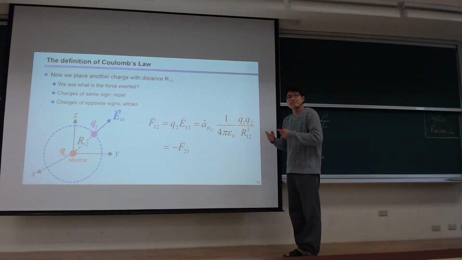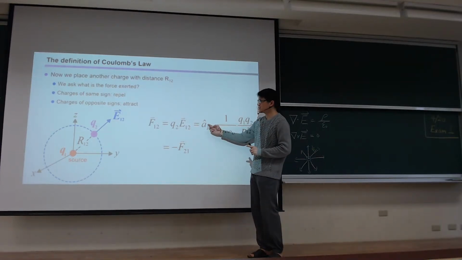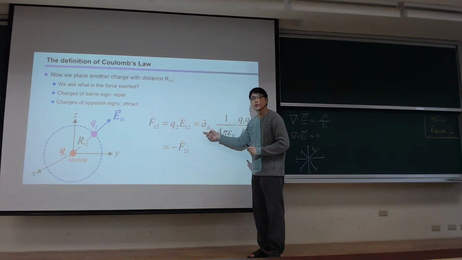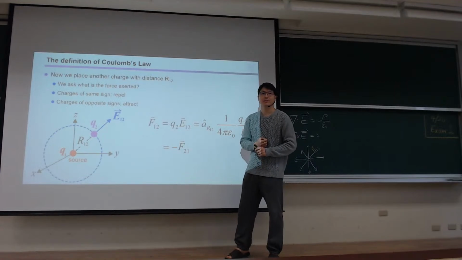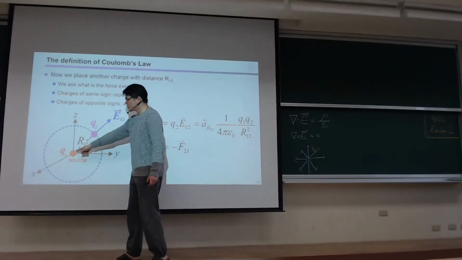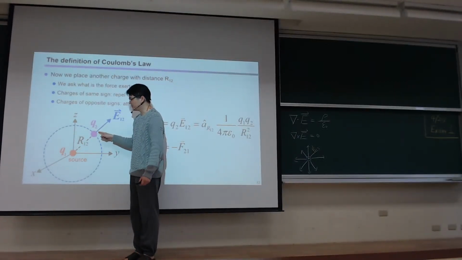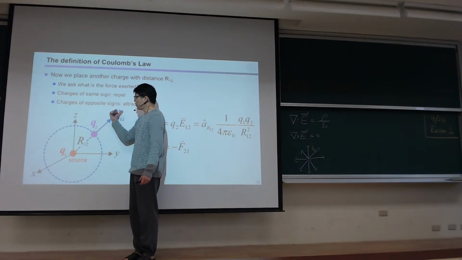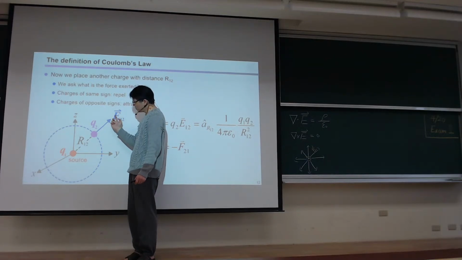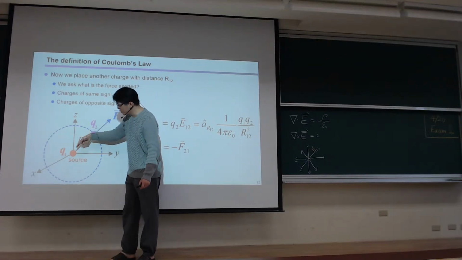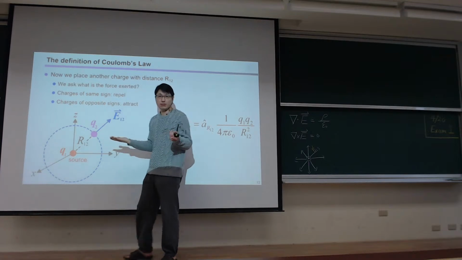They have the same magnitude, but the only difference is now the unit direction is reversed. Okay? So if these two charges are both positive, then F12 is pointing from 1 to 2. F21 is pointing from Q2 to Q1, so it's reversed.